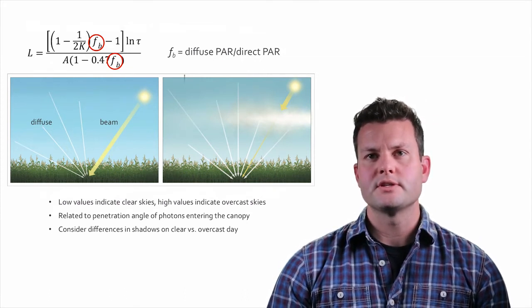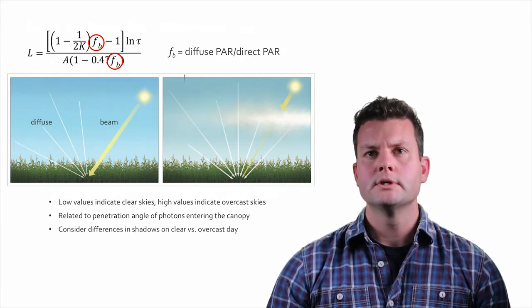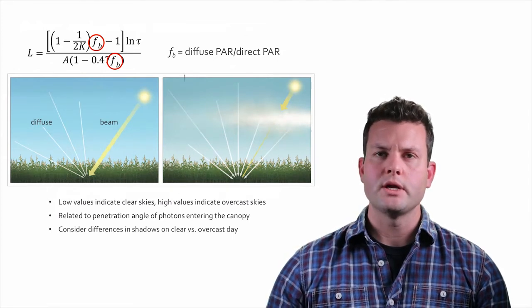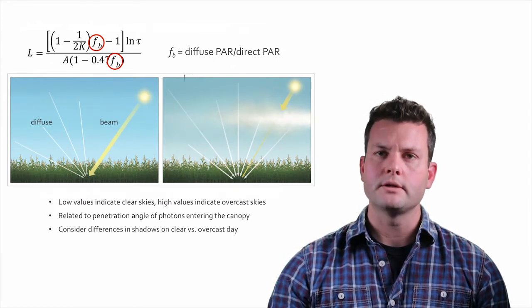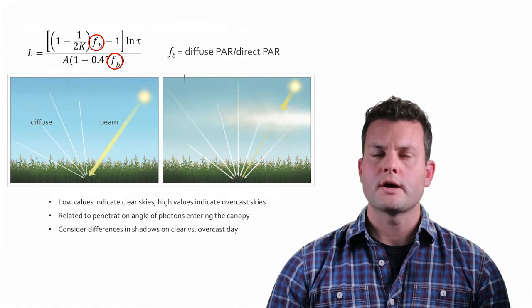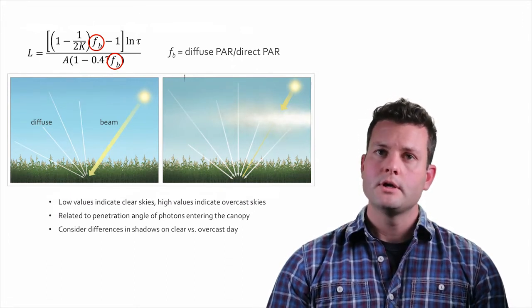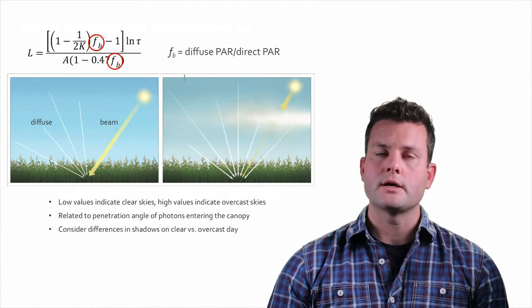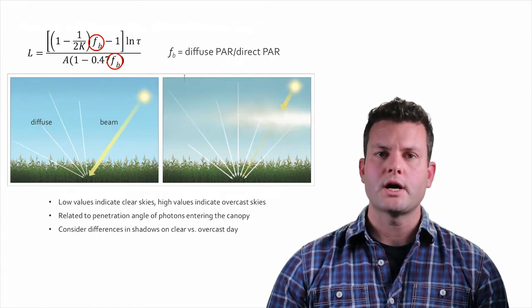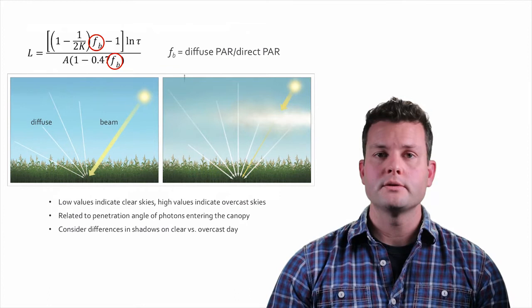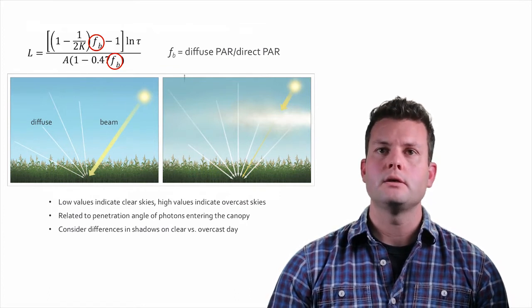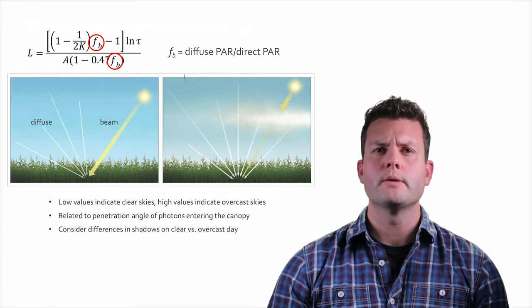In this case, there's a lot more scattering going on. There's a lot less of that beam radiation penetrating directly through those clouds or aerosols to our observation location below the canopy. So in this case, F sub B would be much higher, approaching 1 as we completely eliminate the beam radiation component.